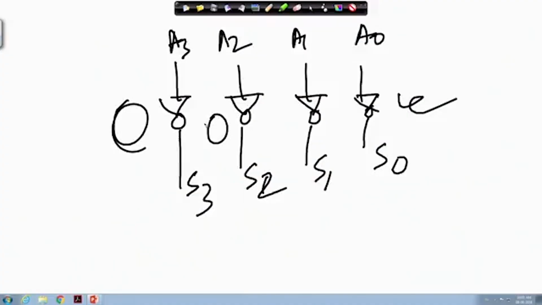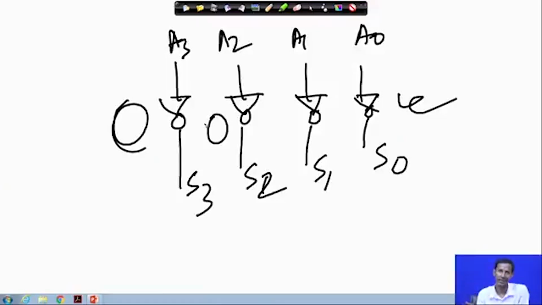In the previous case, we have seen that in an XOR gate, if one of the inputs is 1, then the output of that XOR gate is the inversion of the other input.